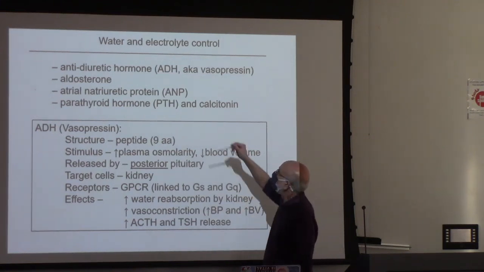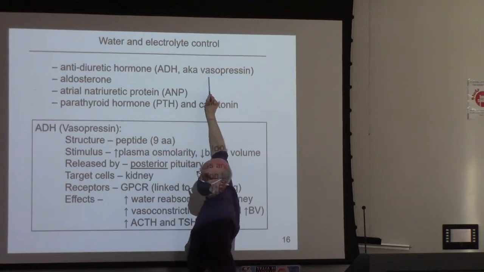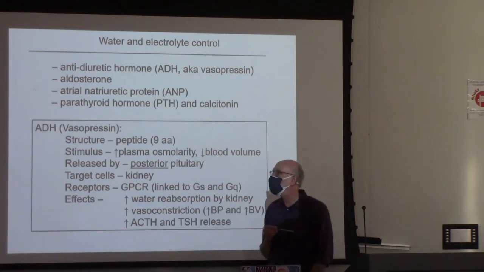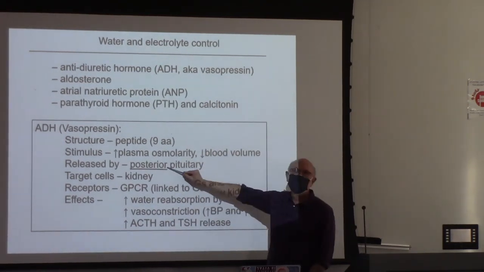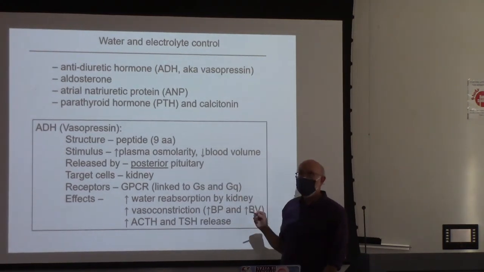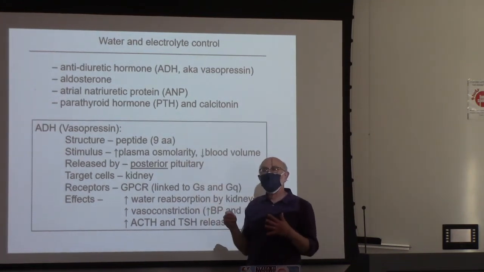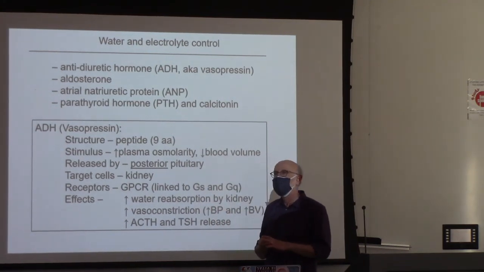So, antidiuretic hormone, or vasopressin, where is vasopressin released? Posterior pituitary. Its stimulus is osmolarity in the blood.